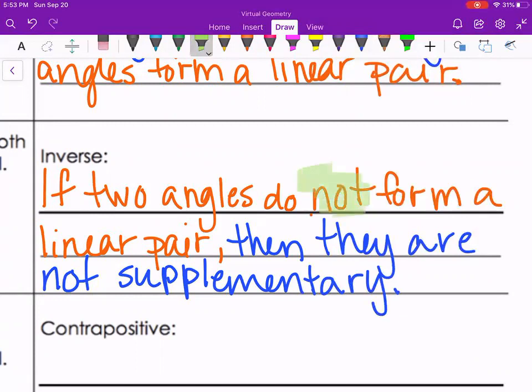Okay, so again, there is our negation word. When we bring in the not, that means you have negated that phrase.